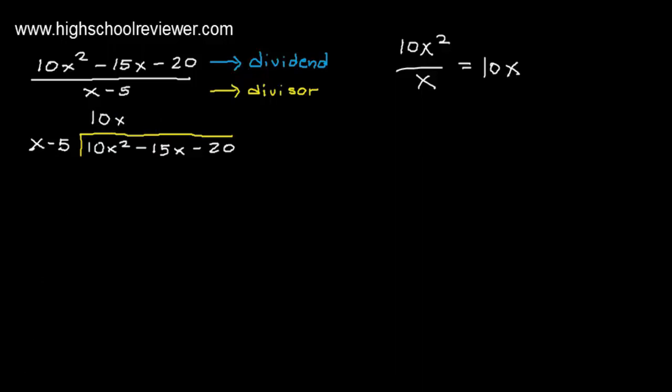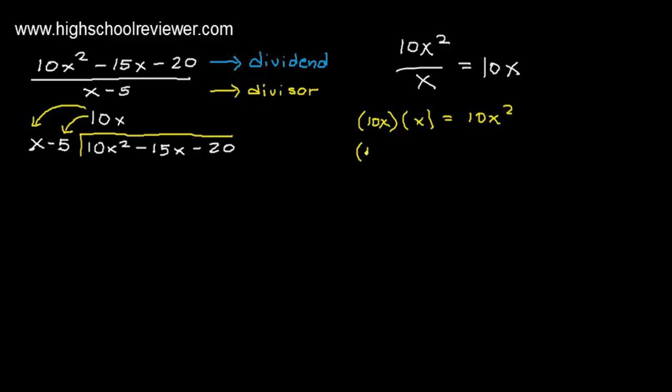Next, multiply 10x to x minus 5. We have 10x multiplied by x and 10x multiplied by negative 5. 10x multiplied by x, this will be equal to 10x squared.